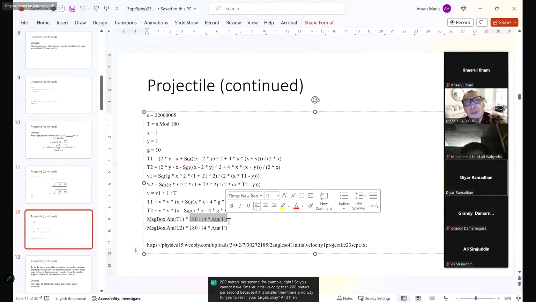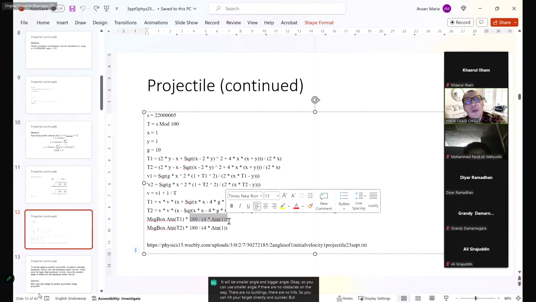And if your initial velocity is greater than the minimum, then you can find the two angles of release to hit your target. It will be a smaller angle and a bigger angle. You can use the smaller angle if there are no obstacles on the way, no buildings, no hills, so you can hit your target directly and quicker.